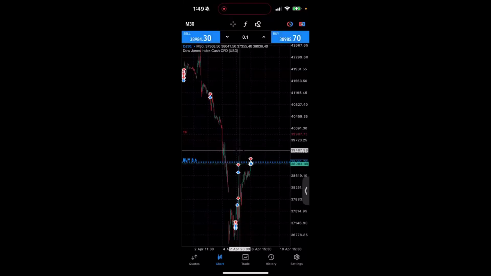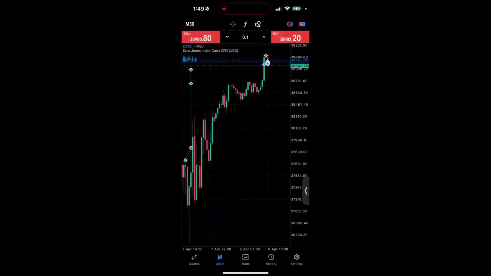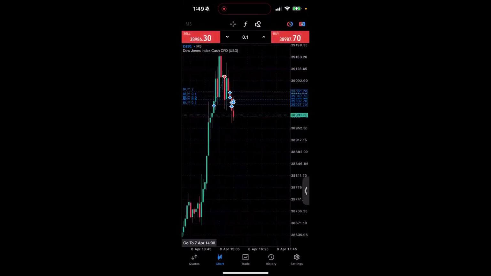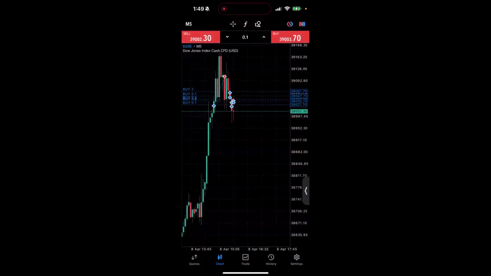Let's say I'm going to do 39404. Or you leave it on the TP that Trendway gives you. But when your trades are in profit, on your own, you can manually close it. Manually close it in profit.